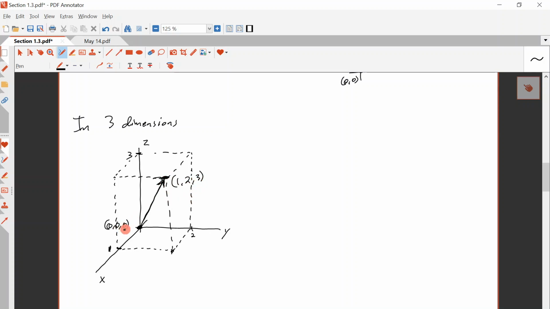So this is the point 0, 0, 0. This is the point 1, 2, 3. And this vector right here is the vector 1, 2, 3. Let me draw it over here. In dimensions higher than 3, typically we don't draw vectors sitting in space because it's very difficult to visualize vectors in higher dimensions.